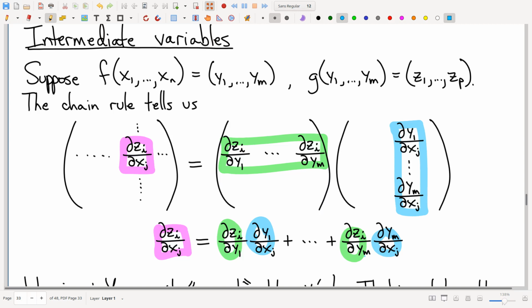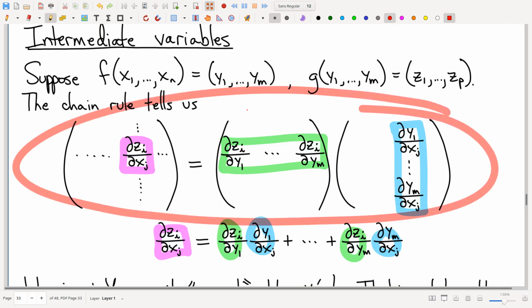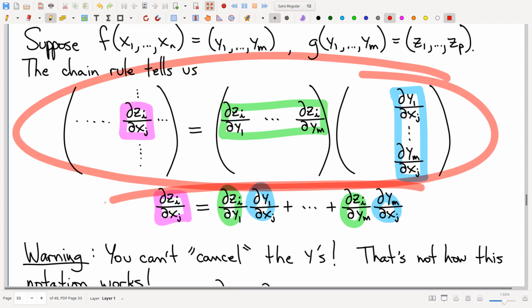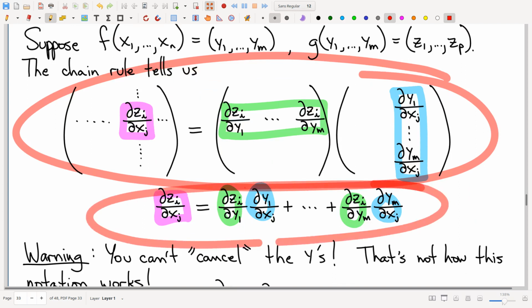Okay, so ultimately the matrix form of the chain rule gives rise to what I'm going to call the coordinate form of the chain rule. Namely, if you just want to know partials of individual coordinates, this is how you do it. And you'd be surprised, this is actually pretty useful. Very often, you really only need one of the partials. You don't need the whole matrix.